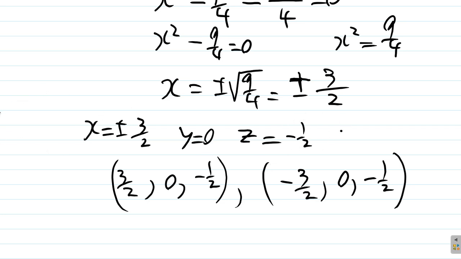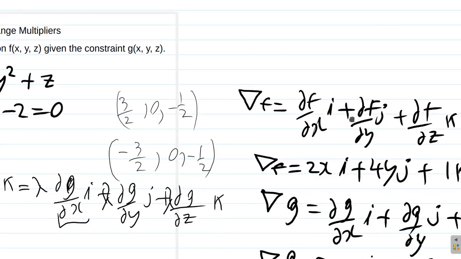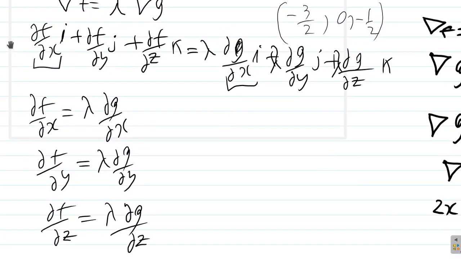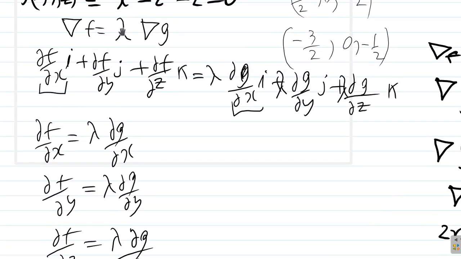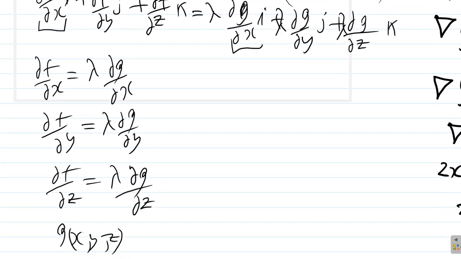Alright, so remember now, let's go over the steps again. I wrote them before. So here you have the main formula. You find the gradient vector of the main function, that is equal to lambda times the gradient vector of the constraint function.